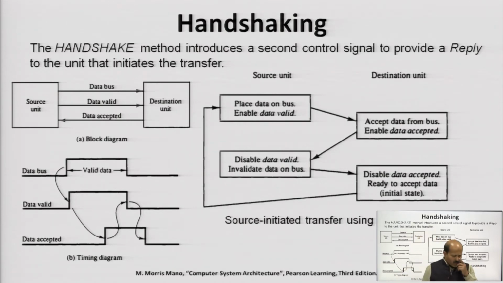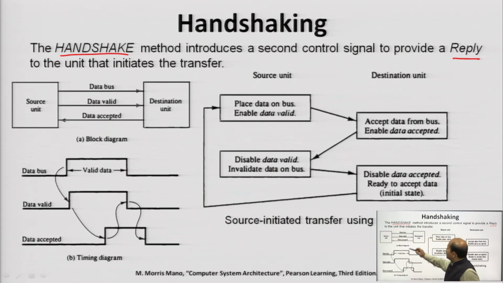So, let us talk about the source initiated handshaking protocol. Here both the devices are properly informed, means they are synchronized in a handshake manner using a handshake and reply message or reply signal. That is why handshake and reply signals are used to inform both the devices.